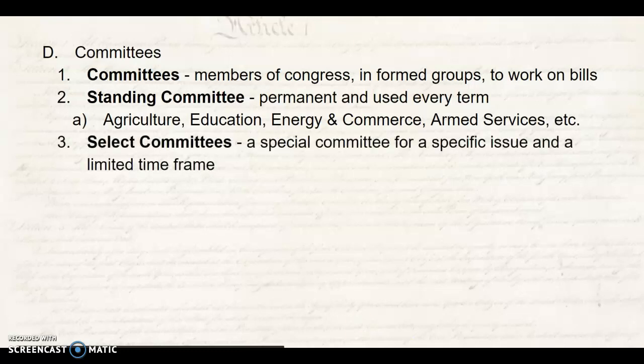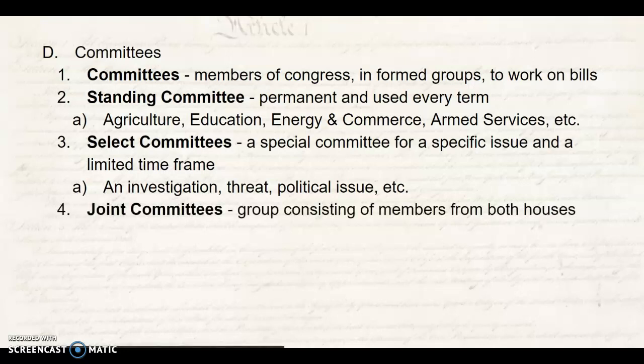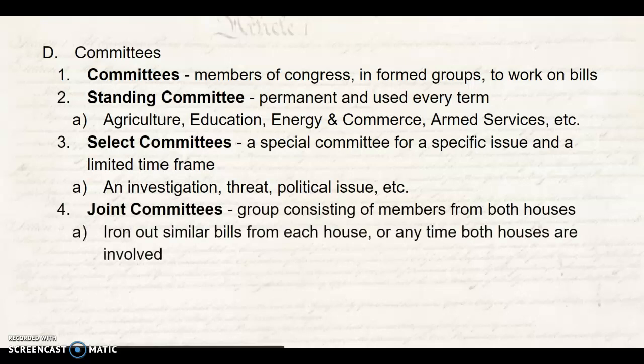Select committees are a special committee for a specific issue and have a limited time frame. So that might be for an investigation, a threat, a political issue. For example, impeachment. Then there are joint committees, groups consisting of members from both houses. They iron out similar bills from each house or any time both houses are involved.